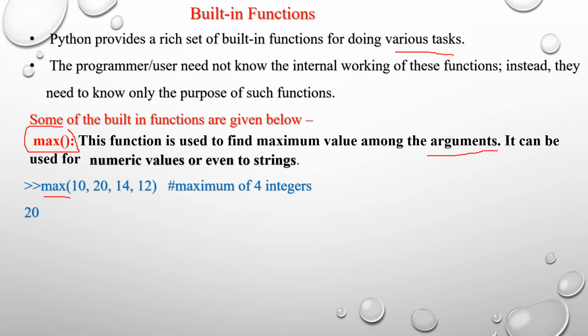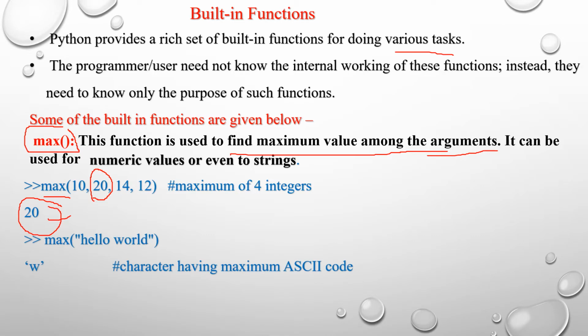So we have four integer values. The result is 20 because max() finds the maximum value among the arguments. Among these four arguments, the maximum number is 20, so the interpreter gives 20.